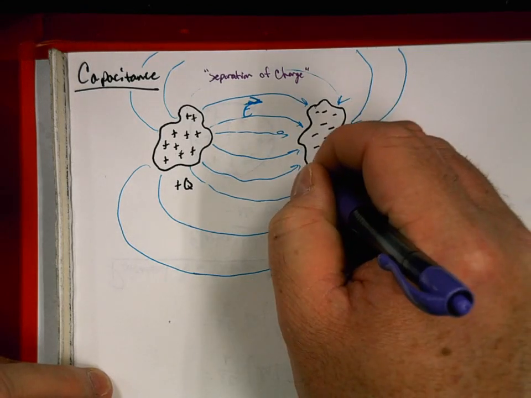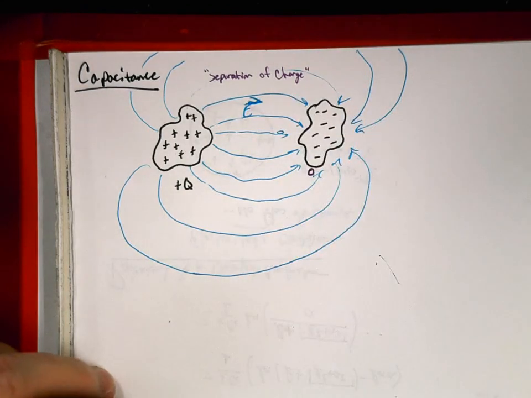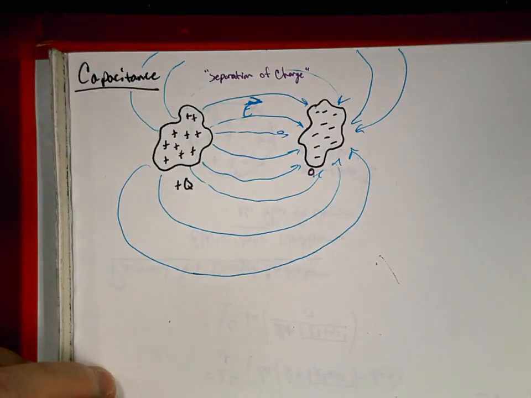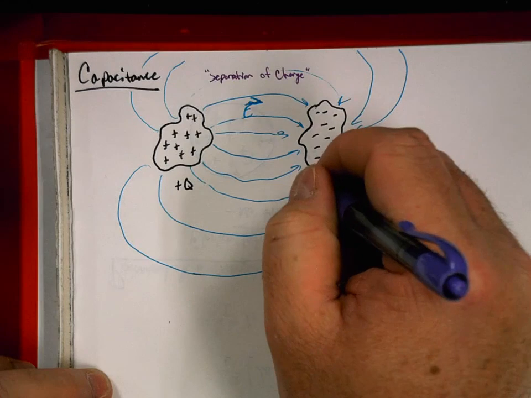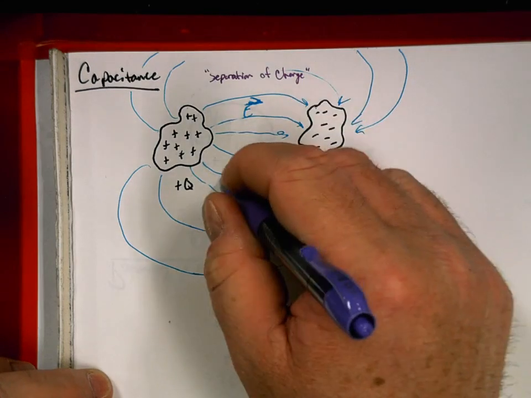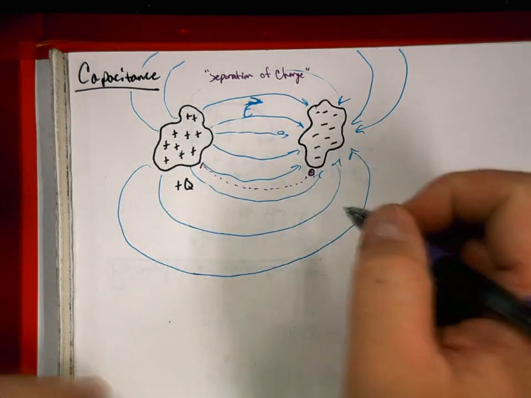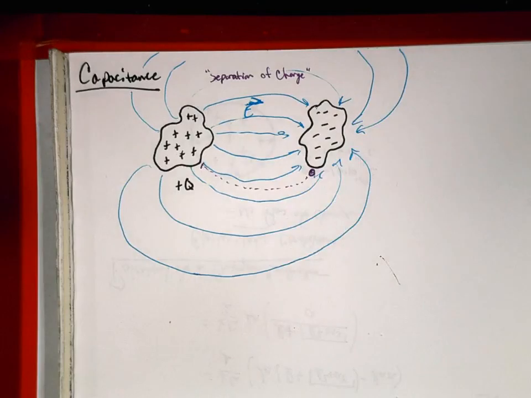So another way to think about our potential is the work it takes to go against our field lines. So if we take a test charge right here and we work it back in that direction, okay, then we'll have the potential difference.